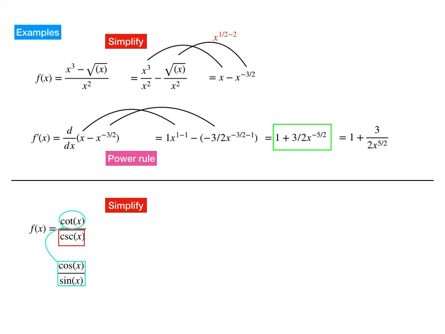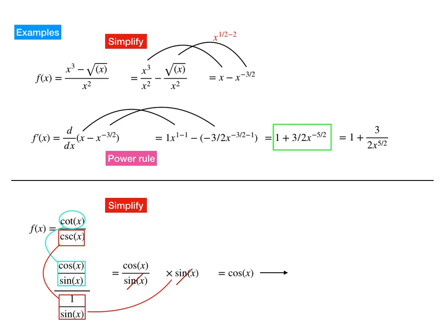Cosecant of x can be rewritten as 1 over sine. So cosine over sine is the simplest form you can get, but divided by 1 over sine x is similar to multiplying by sine x. And in this case, you can simplify the sine x's to get to cosine of x.